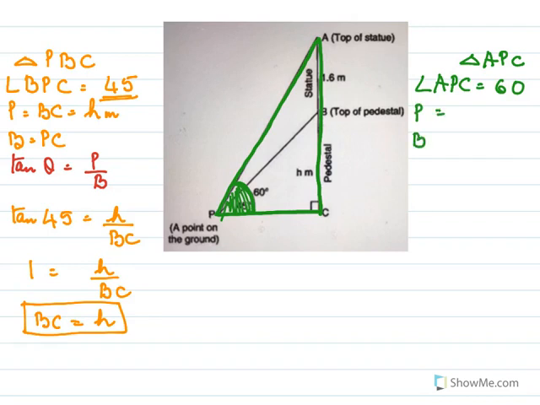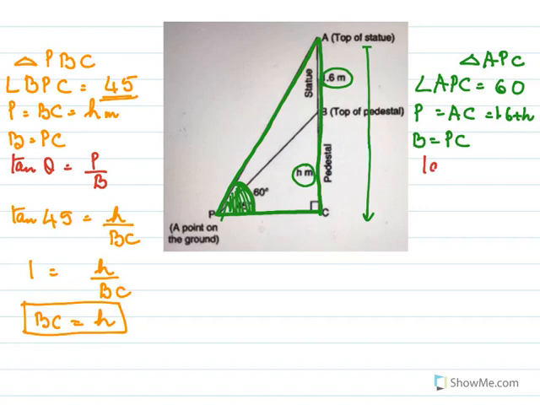We need to know its perpendicular and its base. For this, you see what is a perpendicular. This is our perpendicular, which is AC. Look up in the figure and see what is AC. It is 1.6 plus our H, right? It is BC plus AB. So it is 1.6 plus H. And the base is PC. We don't know the base either, so we just keep the base as it is.